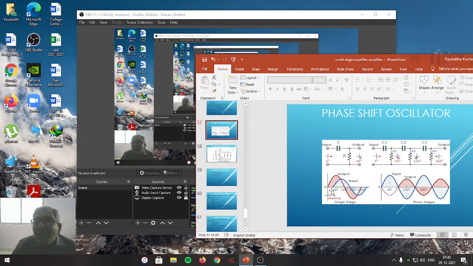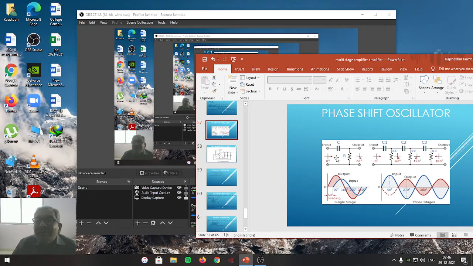Conversely, we can say if input begins with 0, then output begins after a 60 degree angle. So this is the angle that is represented leading. Output leads by an angle of 60 degrees. Thus, a single RC circuit produces a 60 degree phase shift between output and that of input.